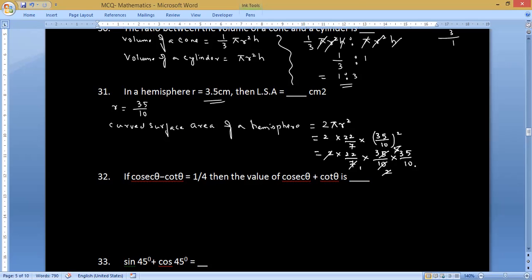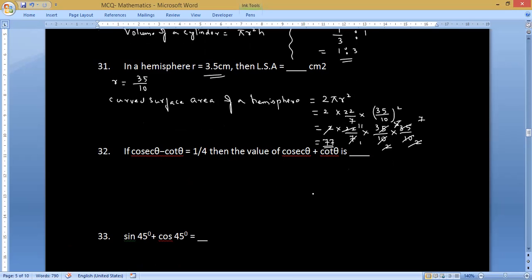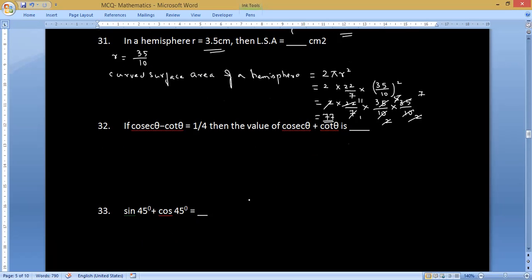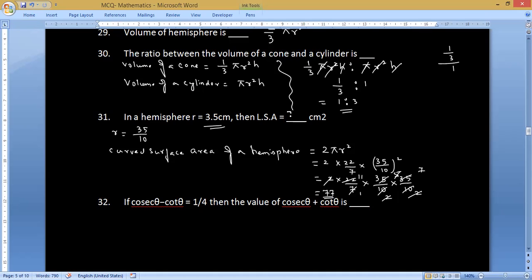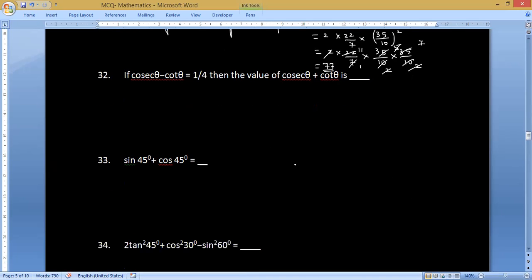This 2 and this 2 will cancel. Again 2 ones are 2, 11 twos are 22. So there is no value in the denominator, only 1. In the numerator we can see 11 and 7, and 11 into 7 is 77. So the answer is 77 centimeters square. We'll move to the next question.